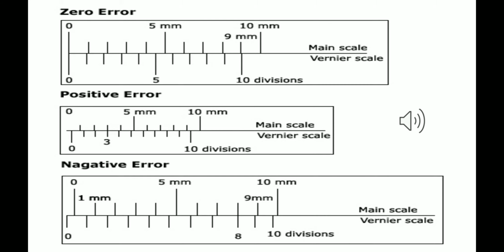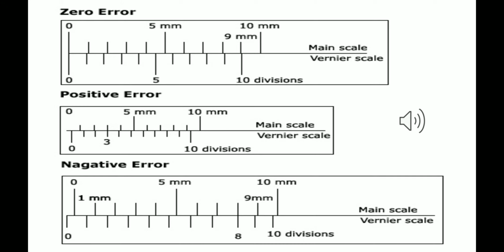The main scale 0 should exactly coincide with the vernier scale 0 when both the jaws are intact, when nothing is in between and they are very close to each other. In that position, if 0 of the main scale is exactly coinciding with the 0 of the vernier scale, then there is no zero error. The vernier caliper is perfect. But sometimes it may be defective.